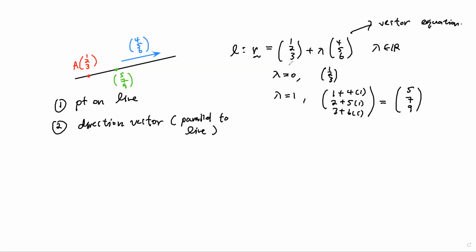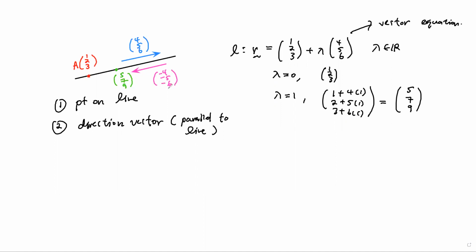You might be wondering, if the direction vector is just a vector that is parallel to the line, what if I choose something else? Let's say I were to choose this pink vector as the direction vector. It has the same magnitude as the blue vector but is opposite in direction, so it would be (-4, -5, -6).